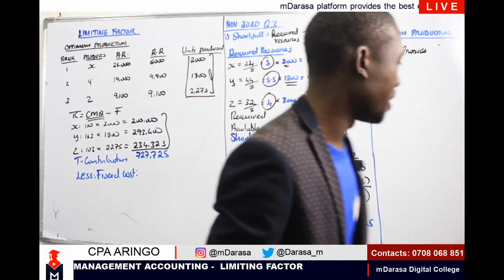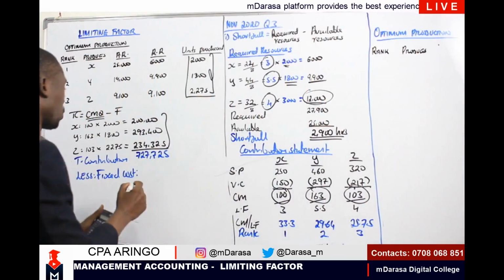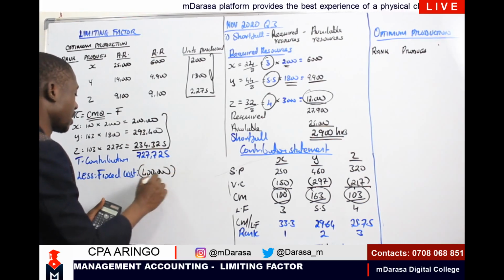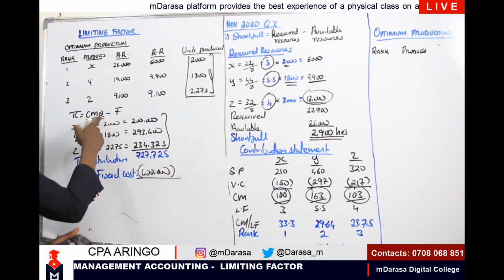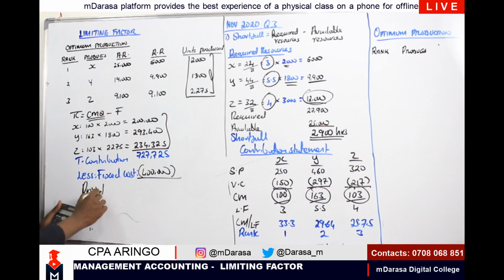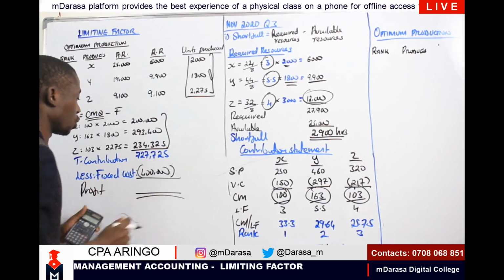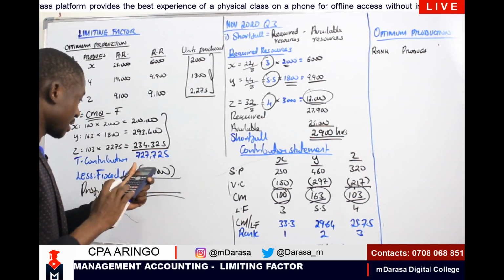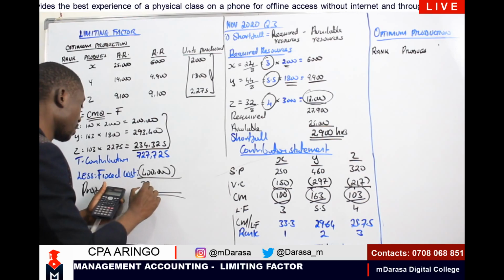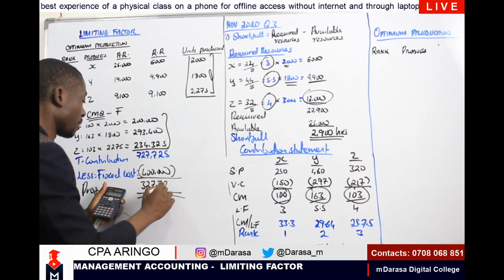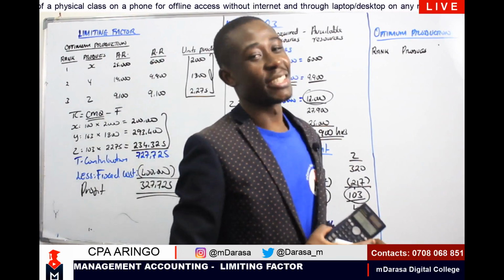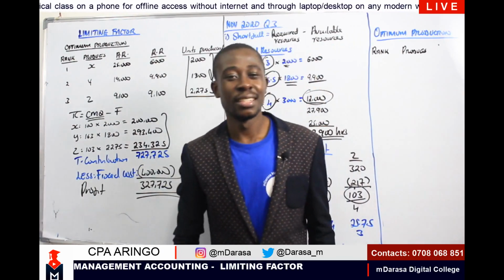And in this case, it has conformed with CMQ minus fixed cost. So therefore, my resultant profit with the optimum production, we should be talking of 727,725 minus 400,000 to give us 327,725. And that is what the examiner wanted us to determine in that question.